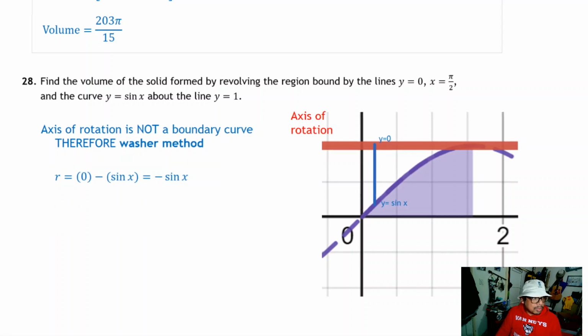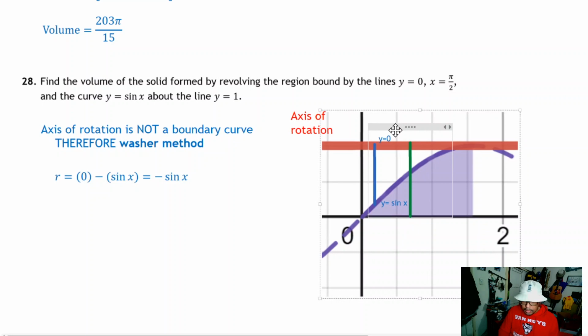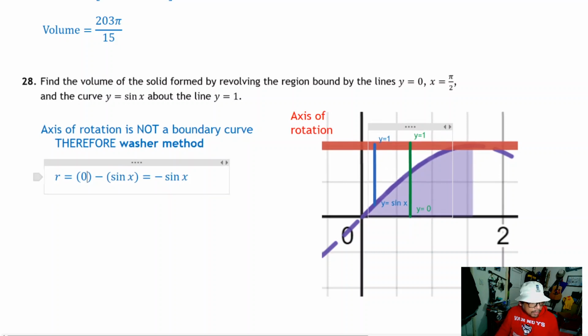The larger of the two radii is once again going to start at the axis of rotation, but this time we're going to go to the furthest part of the boundary. So that goes all the way down to here. Now, as I was doing this, I realized that I'm making a mistake over here. The y-coordinate up here is not 0. The y-coordinate up there is 1. So this should be 1 minus sine x for my smaller radius.